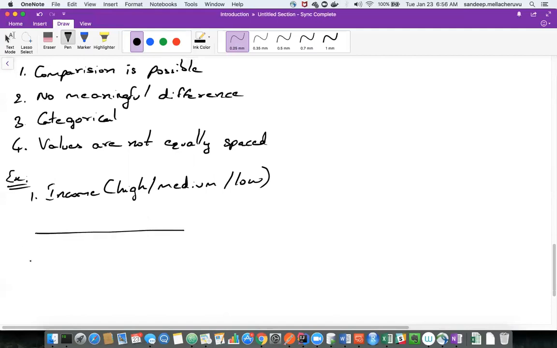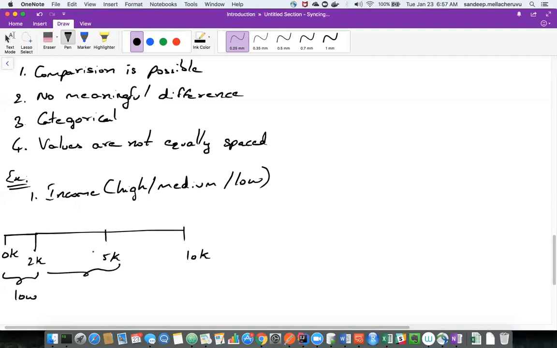There will be a number line and you'll have some numbers placed here, 2K, 5K, 10K. Let's say this is 0K. Anything between these 2 points, you'll call it low income.